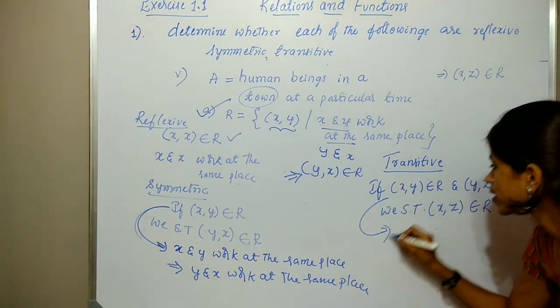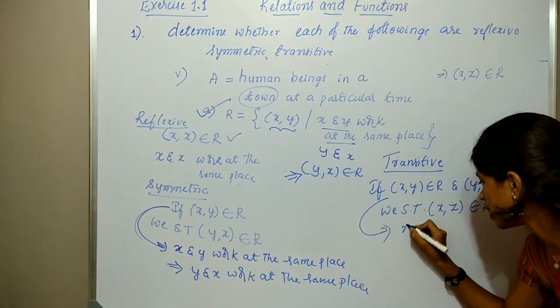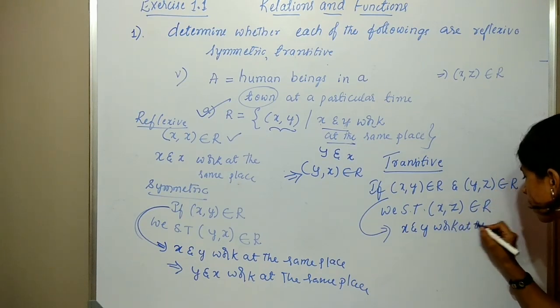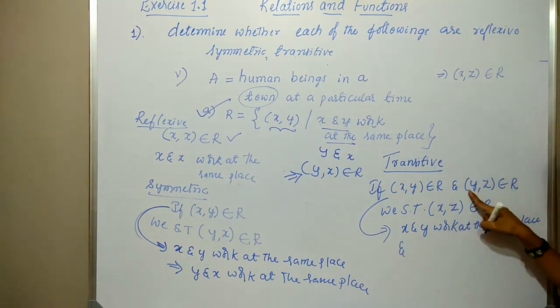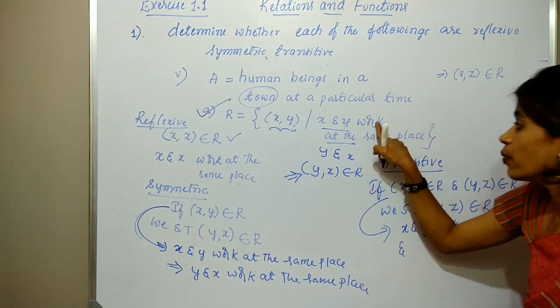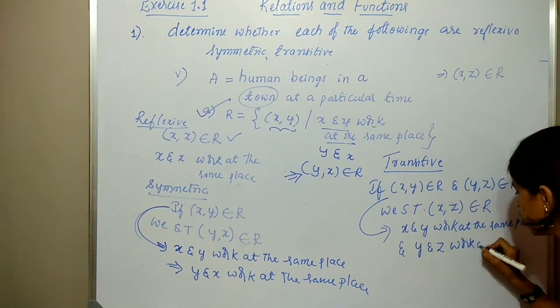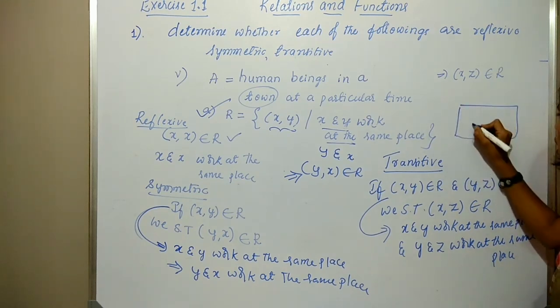What do you mean by x comma y belongs to R? x comma y belongs to R means x and y work at the same place. Next, y comma z belongs to R means y and z work at the same place. So it means here the place, say Hassan.